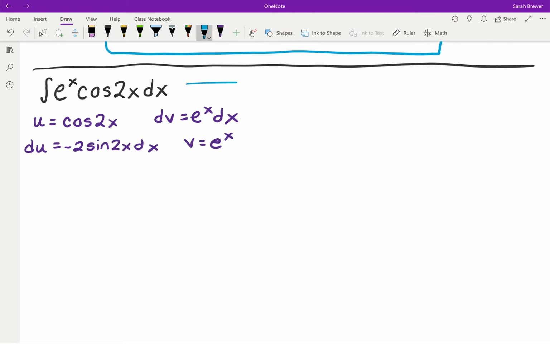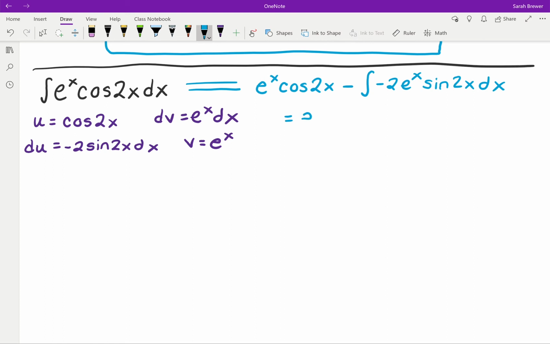So applying that the integral of u dv is equal to u times v minus the integral of v du, we have e to the x cosine 2x minus the integral of v du, which I'm going to write as negative 2 e to the x sine of 2x dx, and I'm going to simplify those negative signs.